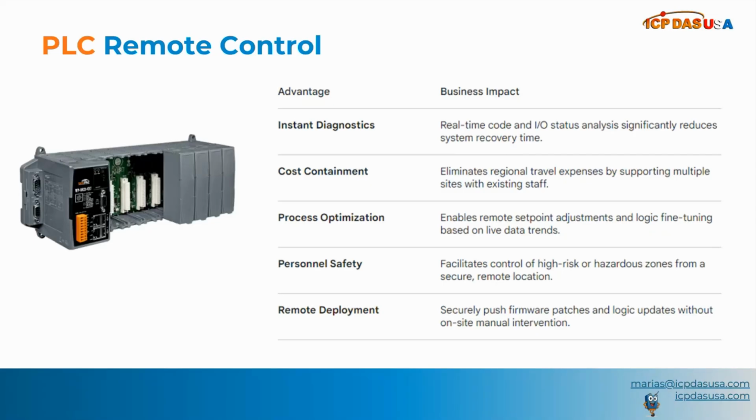This kind of system enables process optimization, so managers can fine-tune logic and adjust set points on the fly. This prioritizes personnel safety by facilitating the control of hazardous or high-risk zones from a secure remote location. With remote deployment, technical teams can securely push firmware patches and logic updates without having to go on site.